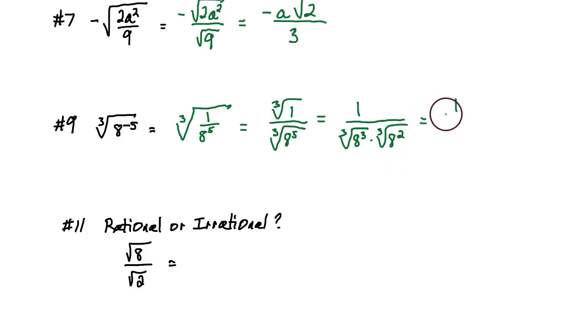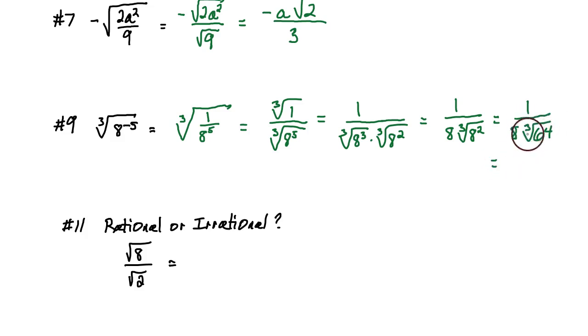Next step, here's the 1, and then in the denominator, we can find the cube root of 8 cubed. It makes 8. The other one we'll leave in radical form. Next step, let's do some more work on that denominator. 8 squared is 64, so we can rewrite this as 8 times the cube root of 64.